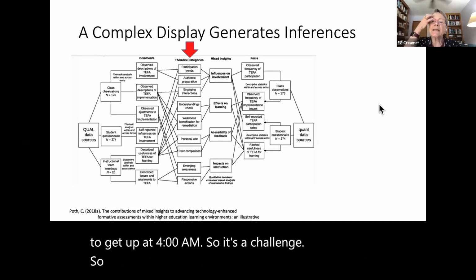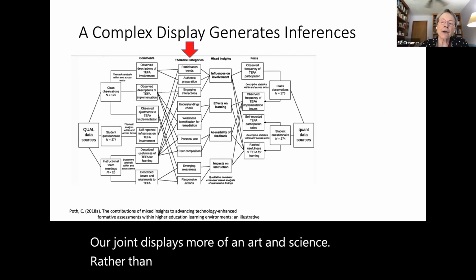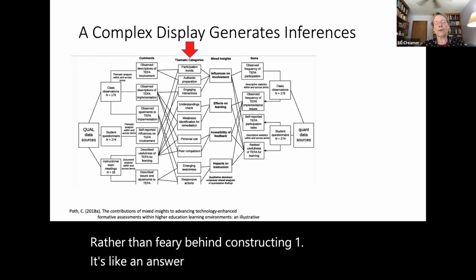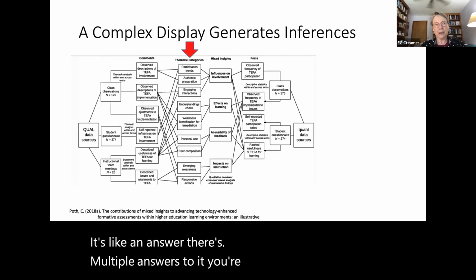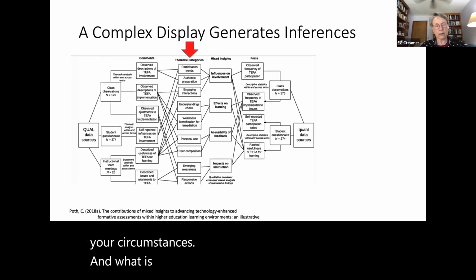Ramona says, are joint displays more of an art and science rather than having theory behind constructing one? There are multiple answers to it. You're adapting it to your circumstances and what is useful in your circumstance.